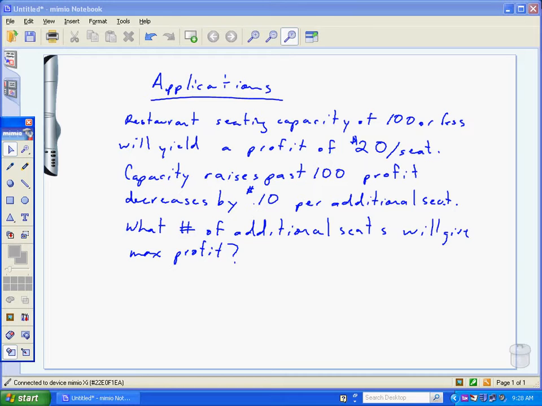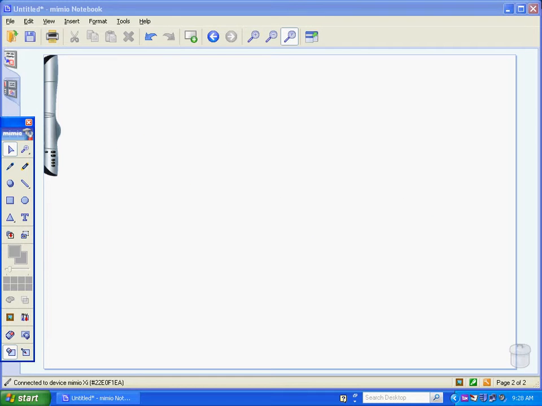Okay. Like this. So, which ones will give the maximum? How many additional seats will give the maximum profit, D? Okay, the profit will decrease by 10 cents per additional seat.